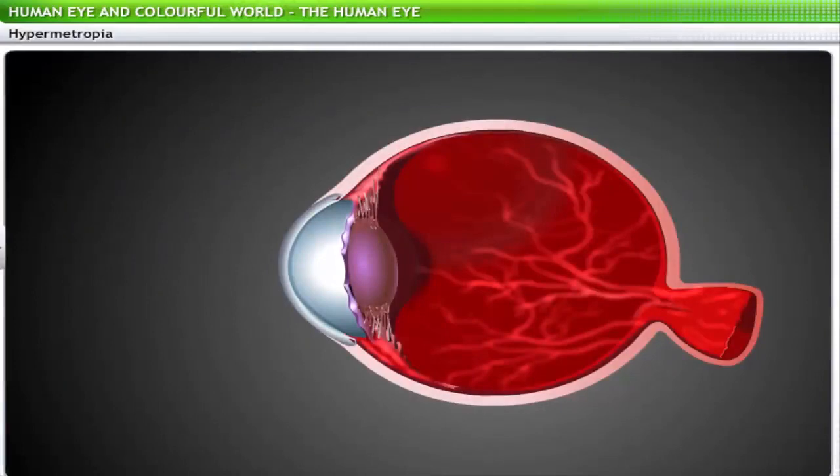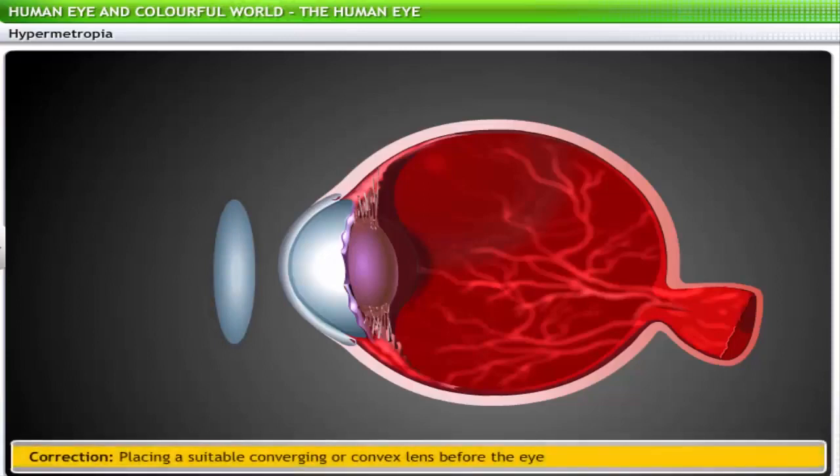Like myopia, hypermetropia can be corrected by placing a suitable lens in the line of sight. However, in this case, you'd use a convex lens instead of a concave lens. When this is done, the parallel beam of light reflected from a nearby object is first converged by the convex lens and then by the eye lens to focus on the surface of the retina.